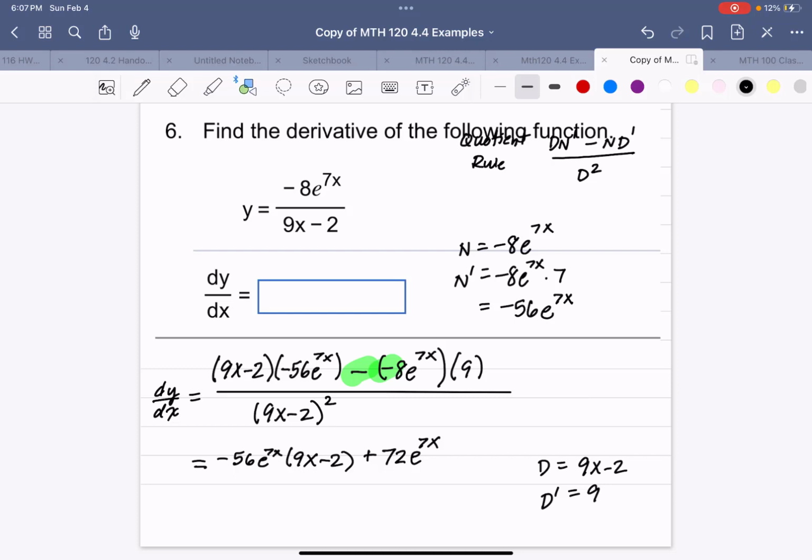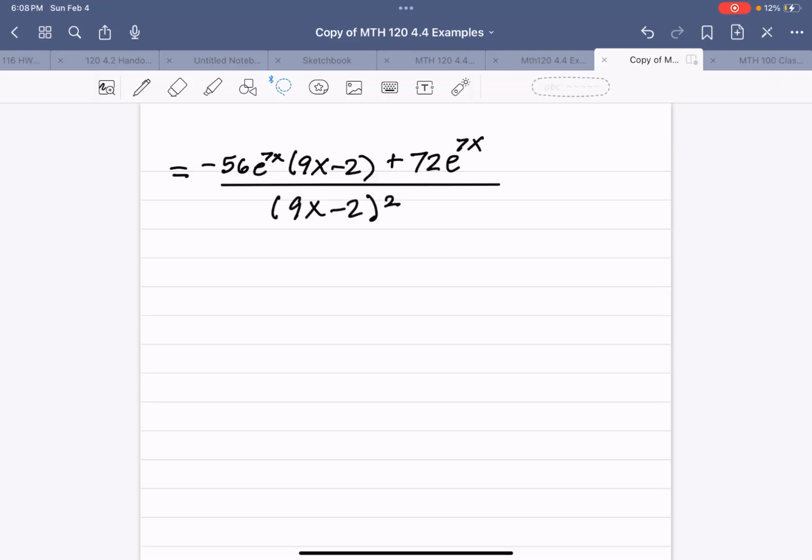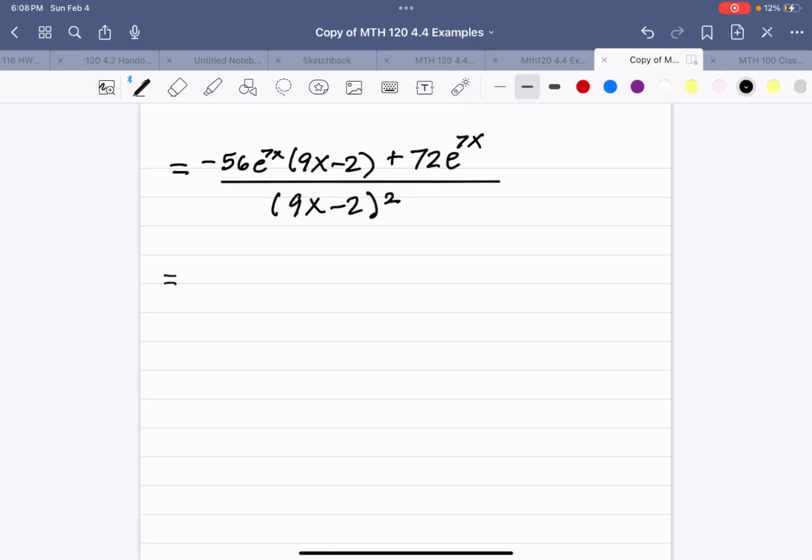All of that is over 9x minus 2 quantity squared. Now I'm looking at my numerator, and I'm seeing 56, 72, and e to the 7x. I can leave the number within and go ahead and bring out the e to the 7x if I wanted to. Or I could take that number out.